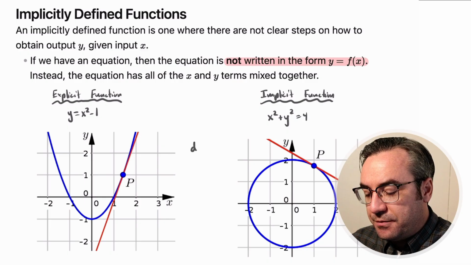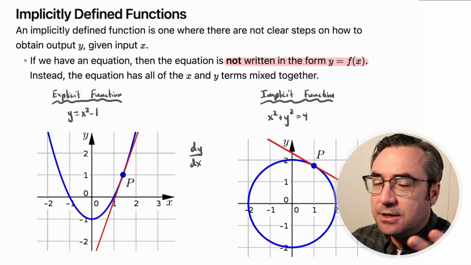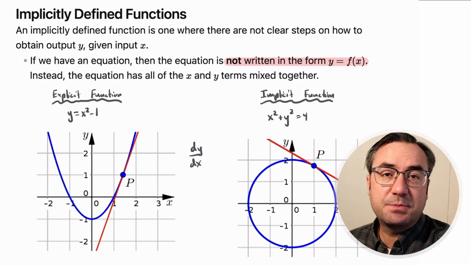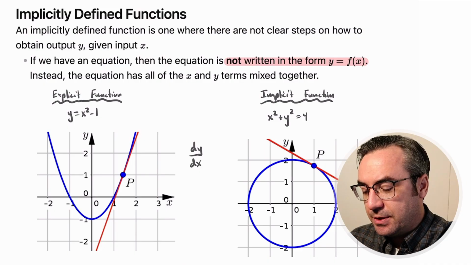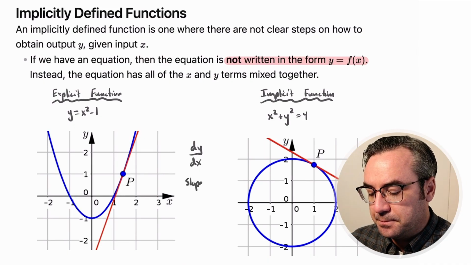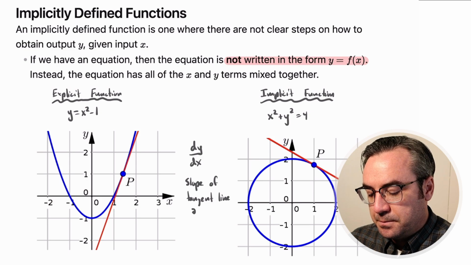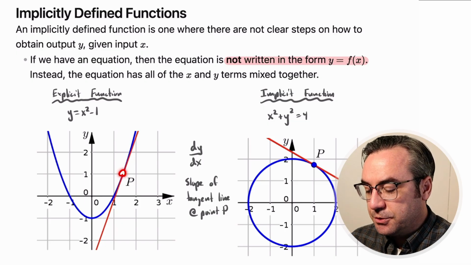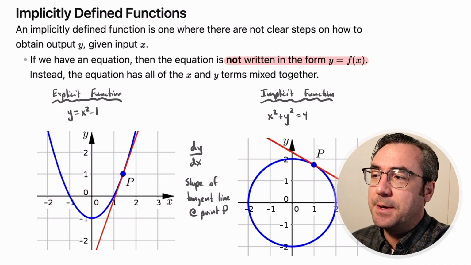The derivative, dy dx, in the explicit case, which is what we've been working with all along, is the slope of the tangent line at a point P. If we have a point we're interested in, we can use our derivative to get the slope of the tangent line at that point.